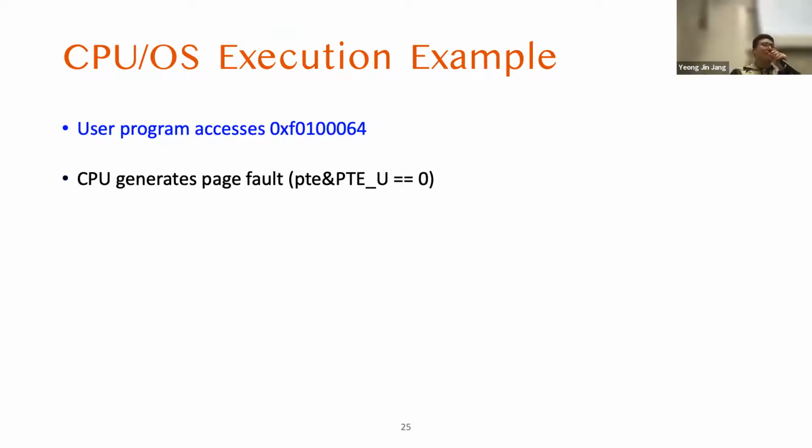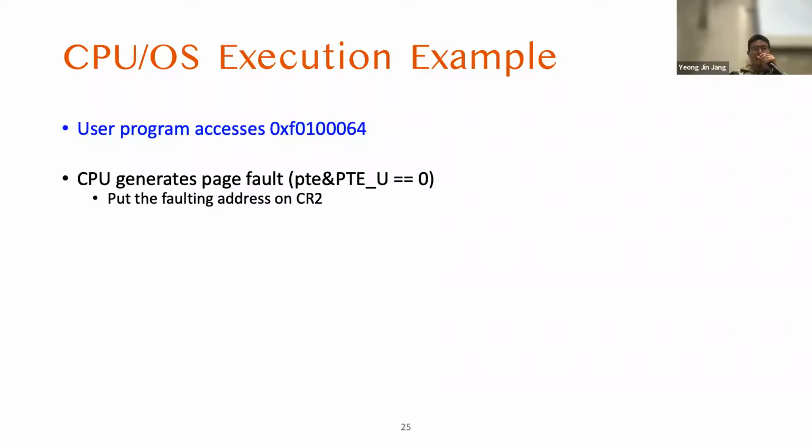Then let's take a look at how the operating system gets that information and handles the page fault at a high level. Everything written in blue runs in ring 3, and everything written in red runs in ring 0. From ring 3, the user program accesses the kernel address. And then the CPU will generate the page fault because there's no PTU flag up for that page table entry.